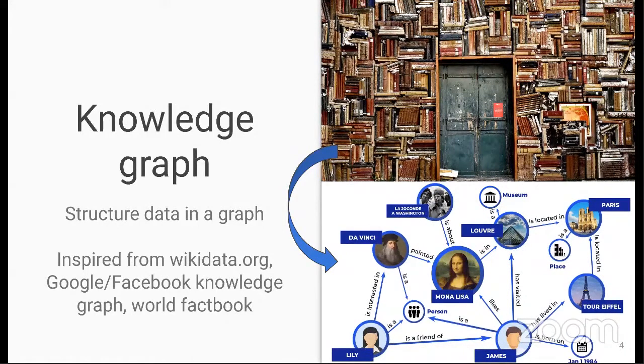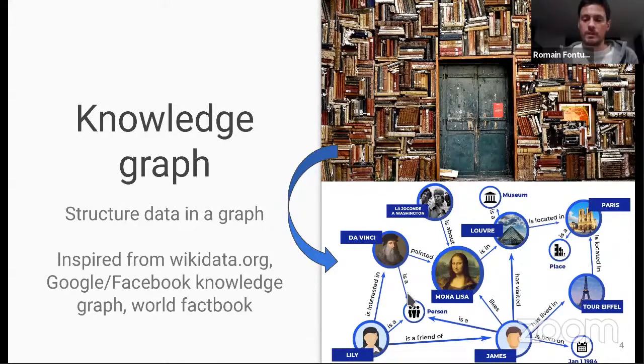So in the graph here, each node will be a data point, and you can see that all these data points have a relationship between them. We've been inspired by different knowledge graphs. The one that we look at the most is Wikidata, but there are other famous graphs from Google or Facebook, or the one from the CIA, the World Factbook, that is quite famous too.